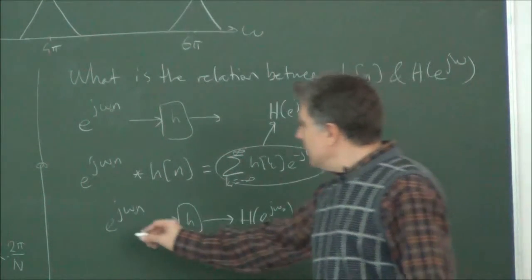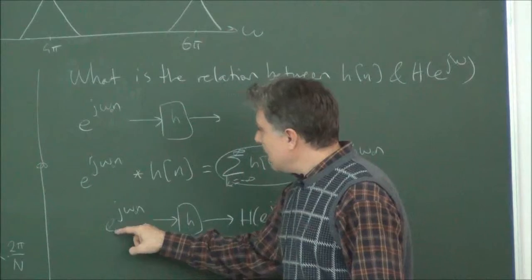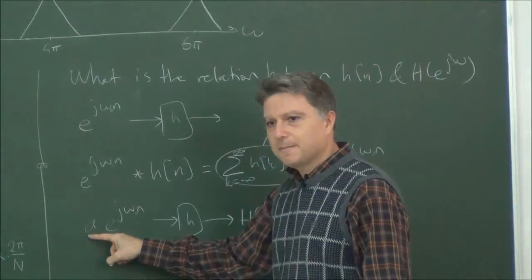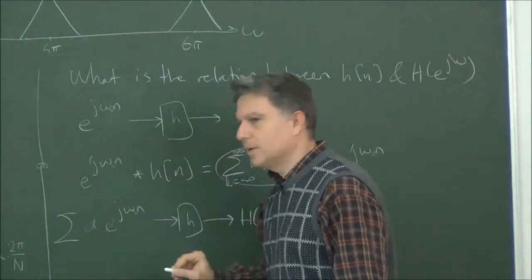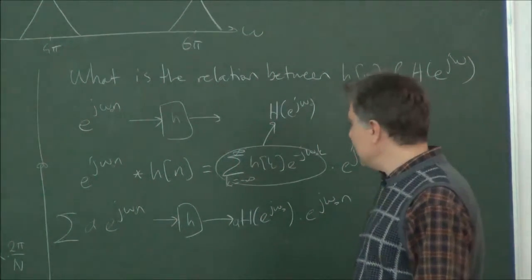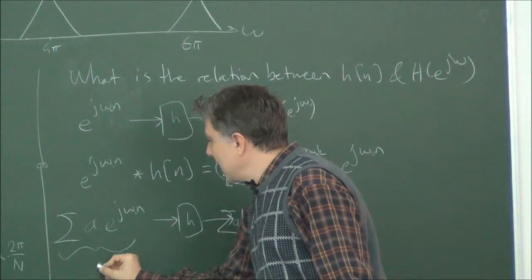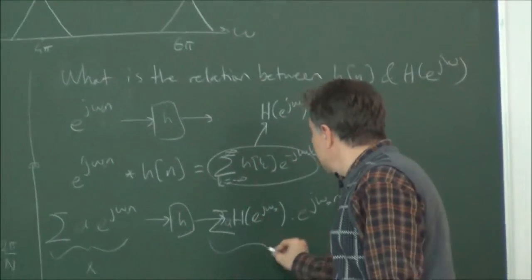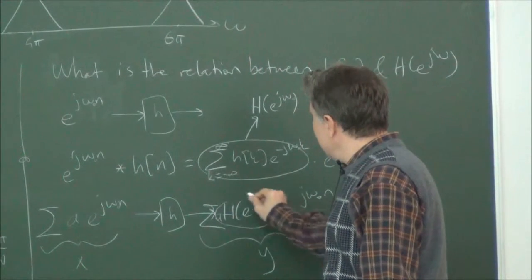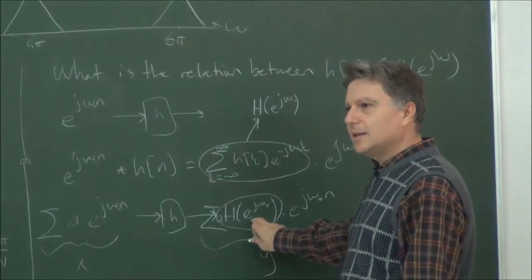And notice that in the harmonic representation of Fourier series, every such signal is multiplied by some coefficient a, and it is summed up. Since this is linear, this a is multiplied at the left hand side, and it is summed up again. So if this signal is x, the input, this signal is y at the output, with the new Fourier series coefficients given as the old Fourier series coefficients multiplied by the frequency response.